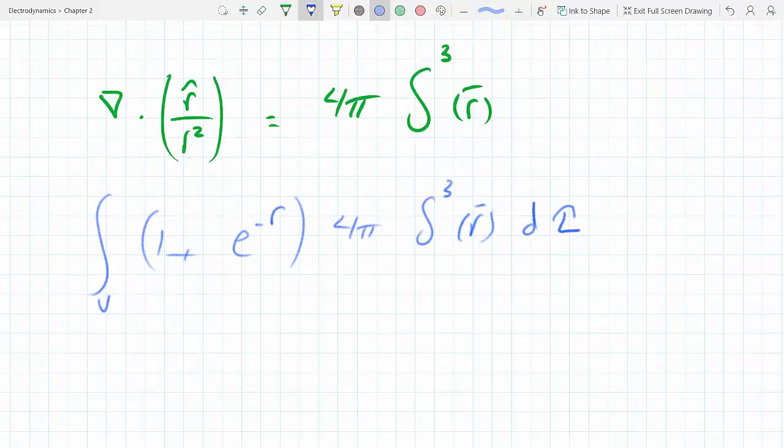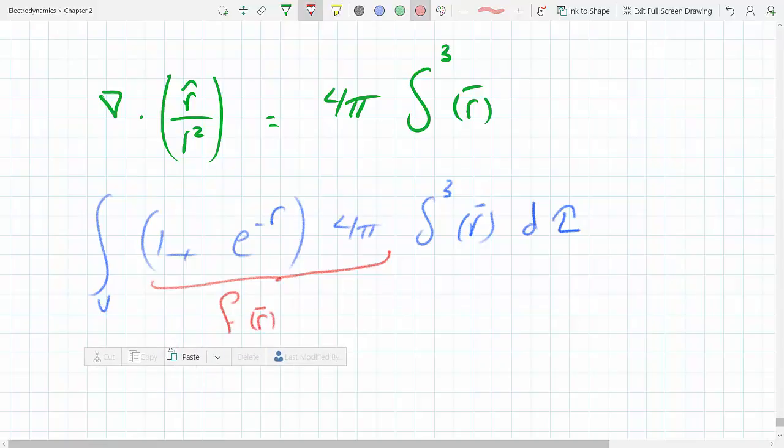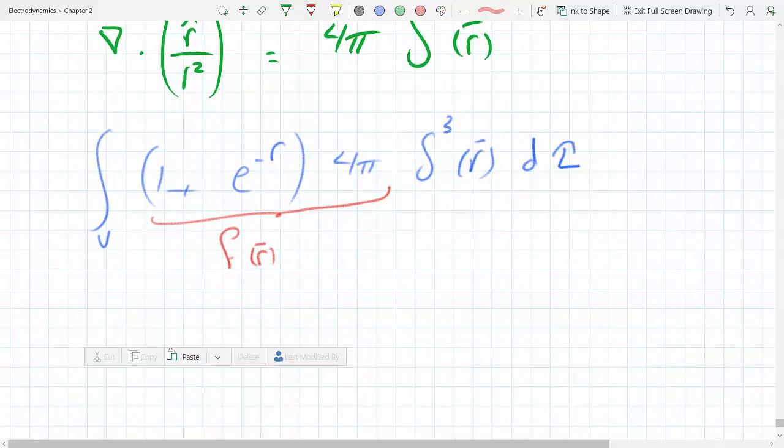And now that's easy. By definition this is just the value of this function evaluated at r equals 0, right? Because if this is f of r, the delta function only picks up the value at 0.